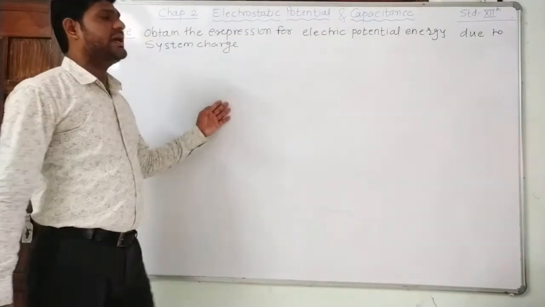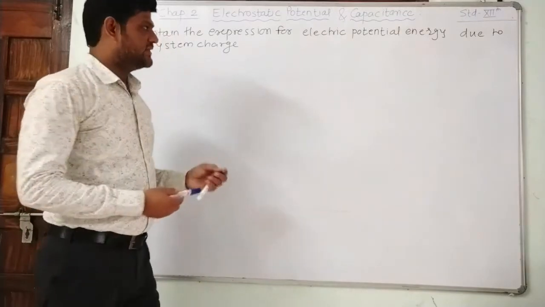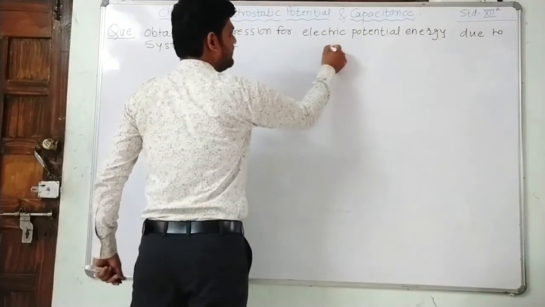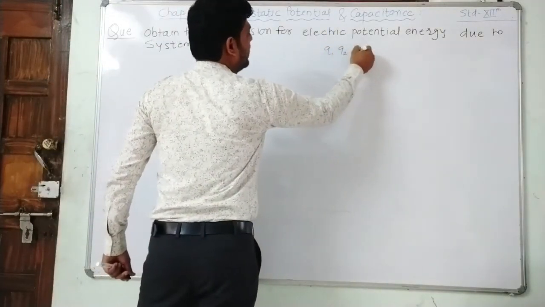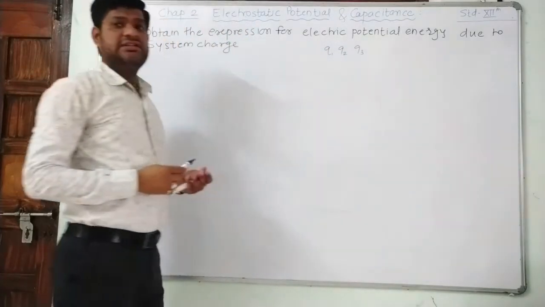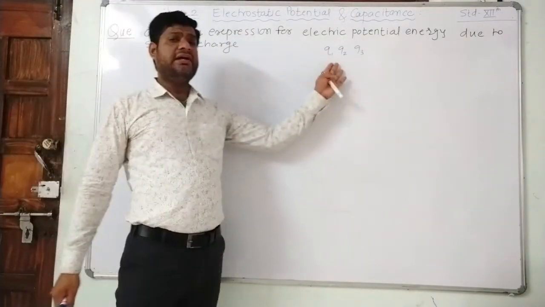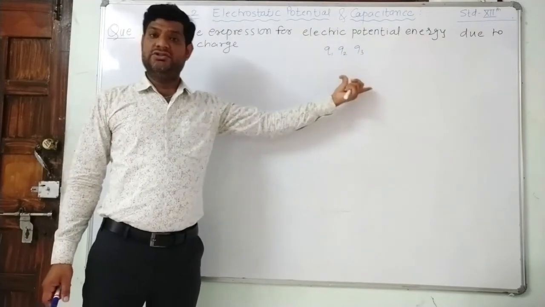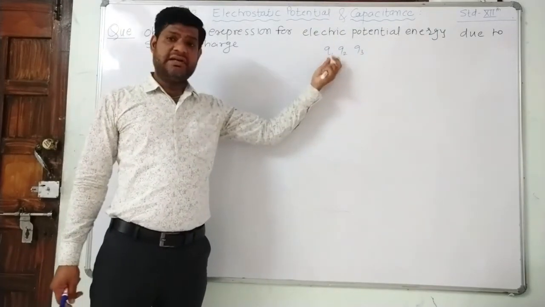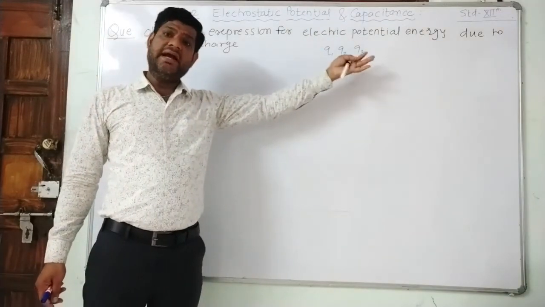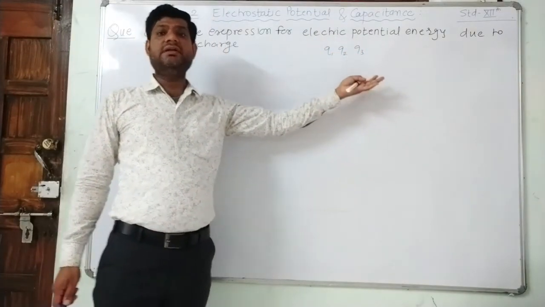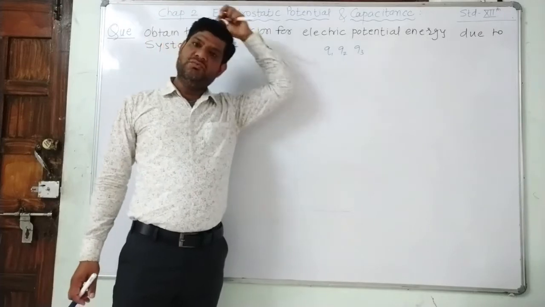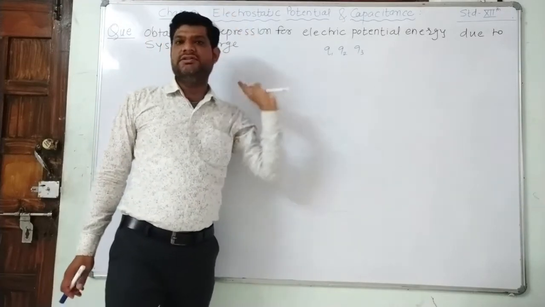See, we are having 3 charge particles, Q1, Q2 and Q3. Right now they are at infinity, where the potential is 0. The 3 charge particles are at an infinite distance, where the potential at infinity is 0.